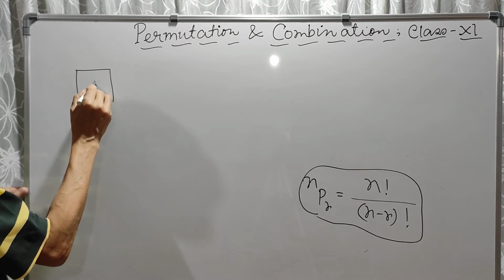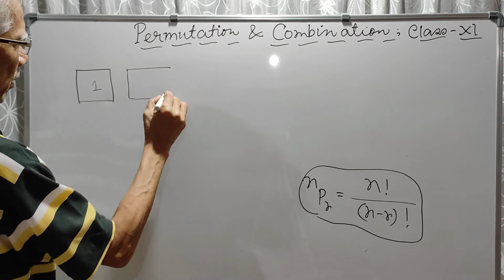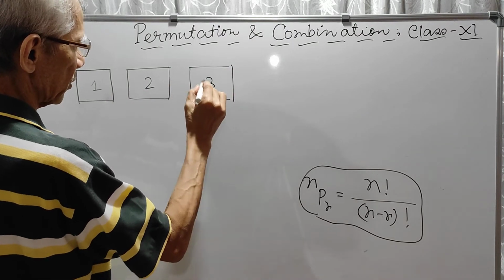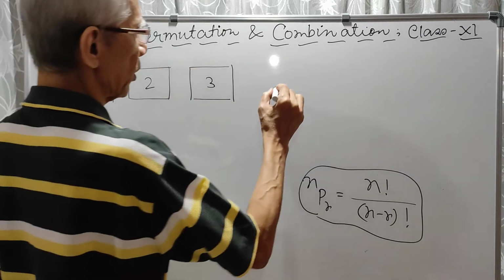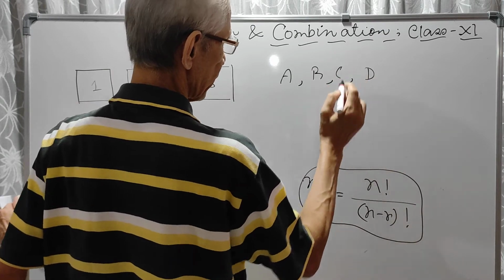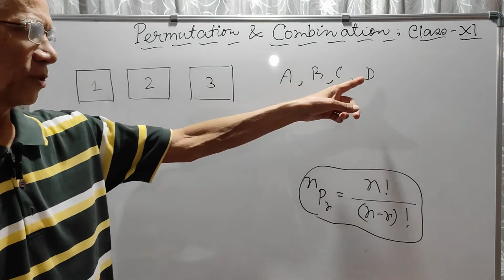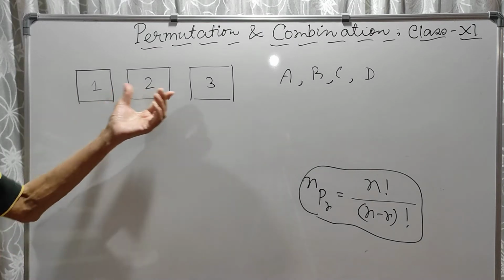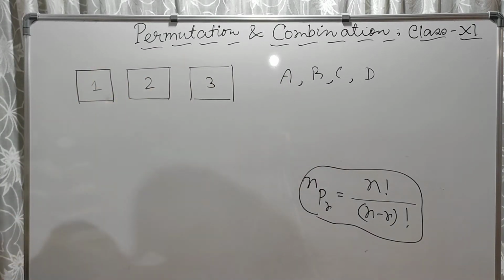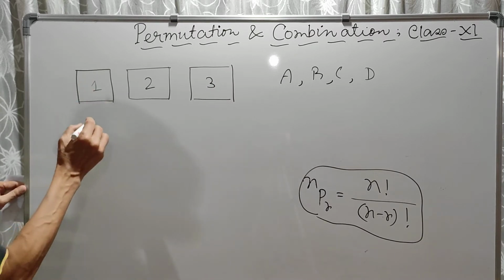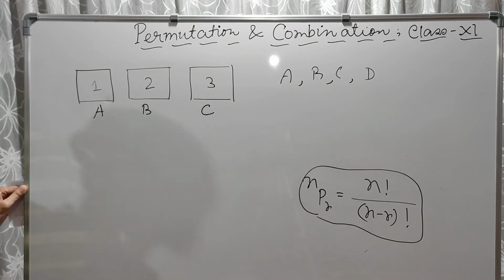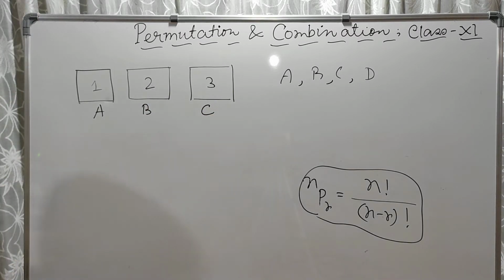Suppose this is the first chair, this is the second chair, and this is the third chair. And there are 4 boys, suppose A, B, C, D. So these are 4 students, and there are 3 chairs. Now you want them to sit. All right. Now see here, A can sit here, B can sit here, C can sit here. So that will be one permutation, A, B, C.